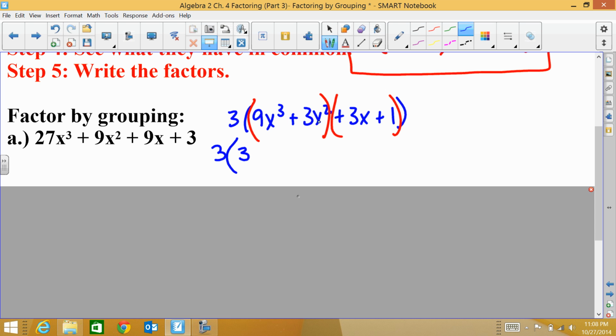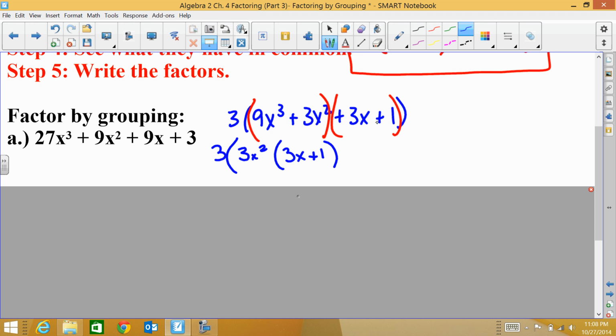And I can also take out an x squared, because I can take that out from both terms. Then let's see what I have left over after I divide that out. So 9 divided by 3 would be 3. X cubed divided by x squared: if I have 3 and I take out 2, there would be 1 left. Then 3x squared divided by 3x squared would be 1.